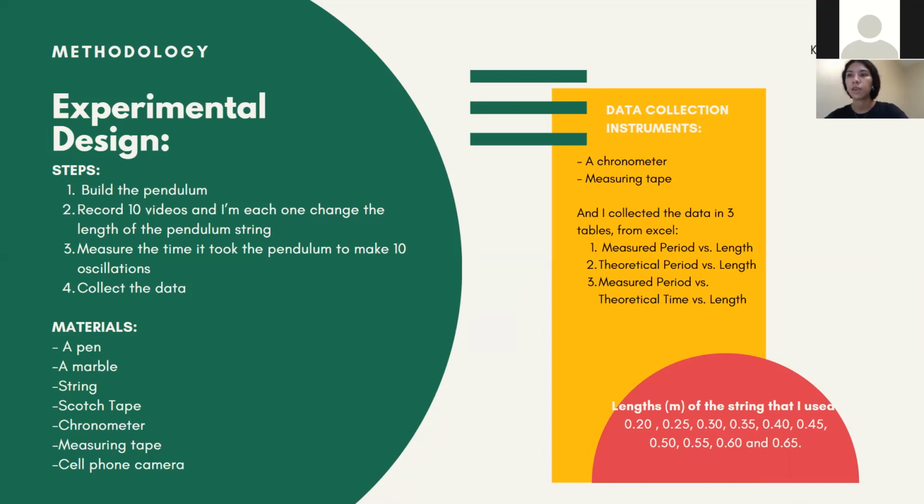In the first one, I put my measured period versus the length of the string. In the second one, I put the theoretical period, which I got with a formula I will mention later, versus the length of the string also. And in the last table, I compare both the measured and theoretical period with the length of the string.